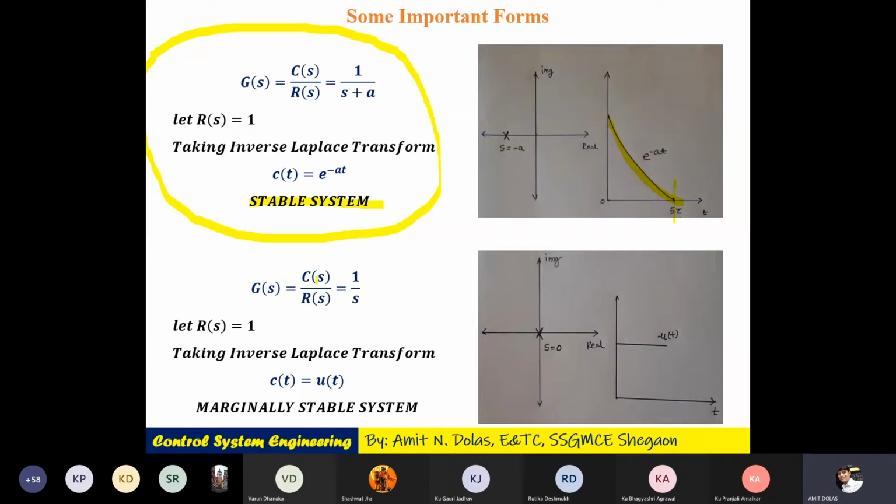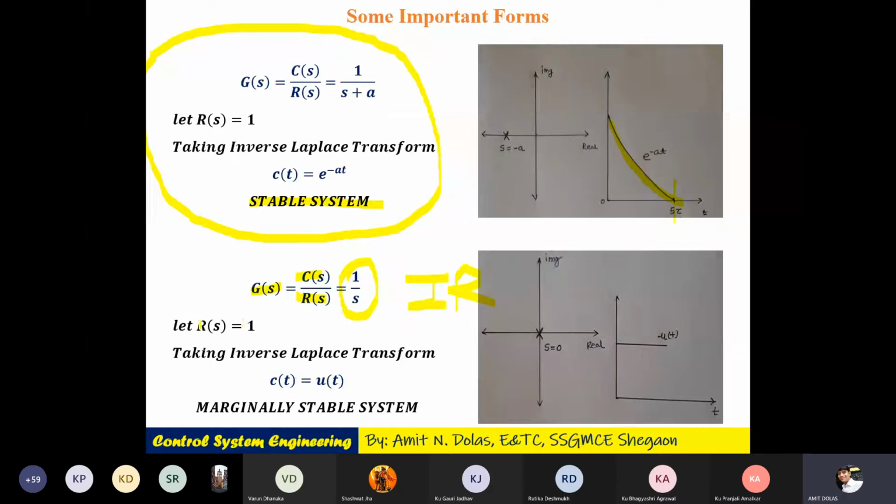Let's have another example. We'll locate poles everywhere on the S plane and we'll see the output. I have the same system, C by R, but the transfer function is different, that is 1 by s. Now I want the impulse response.